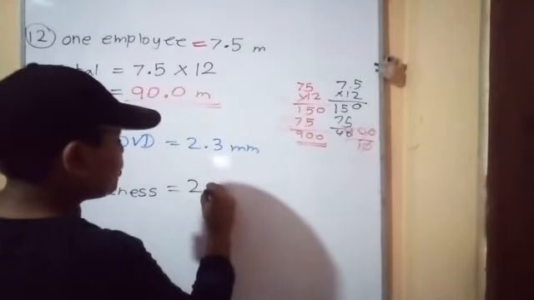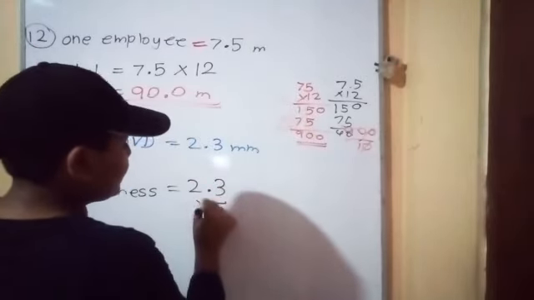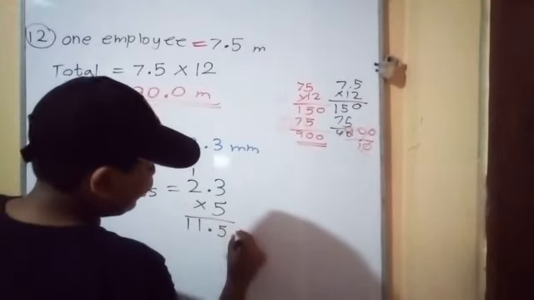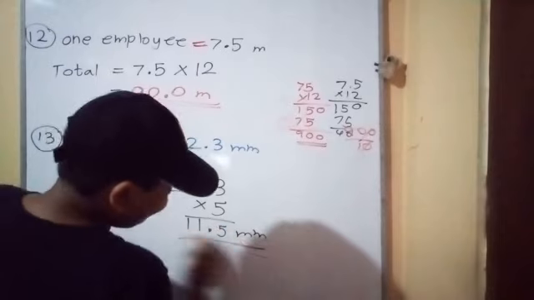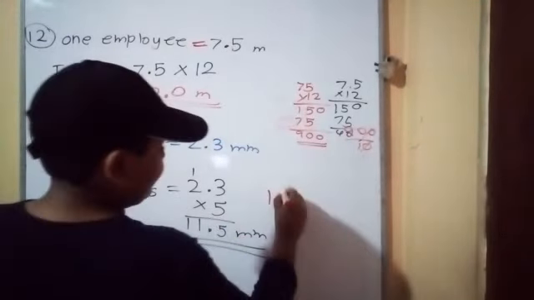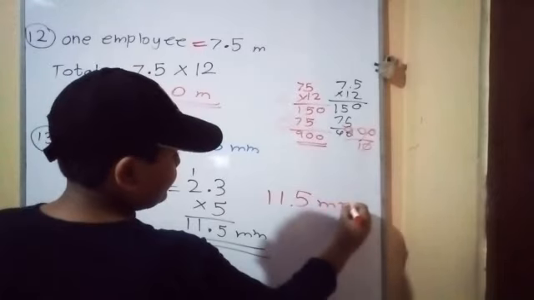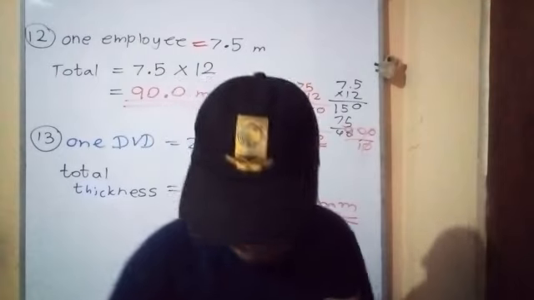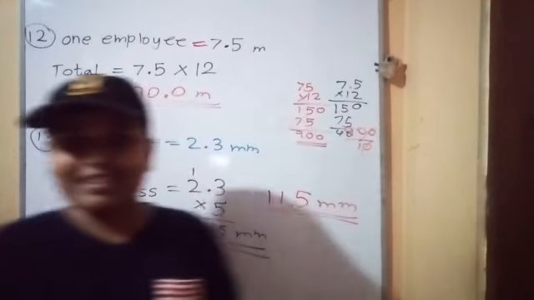That means 2.3 multiplied by 5. 5, therefore 1, 11.5 millimeters. So you can write 11.5 millimeters is the answer for total thickness.